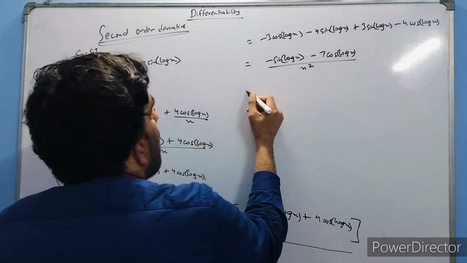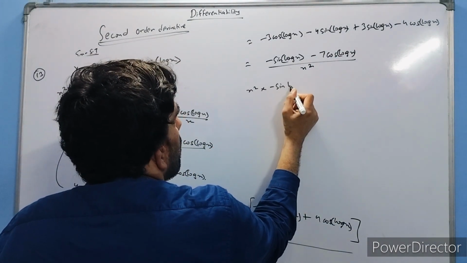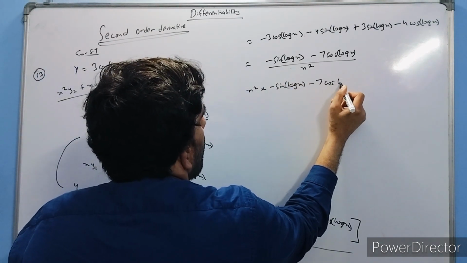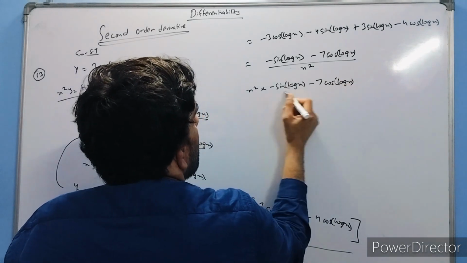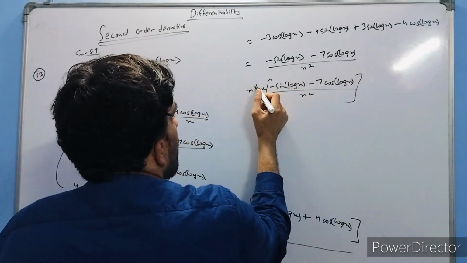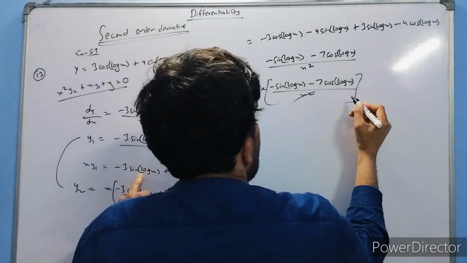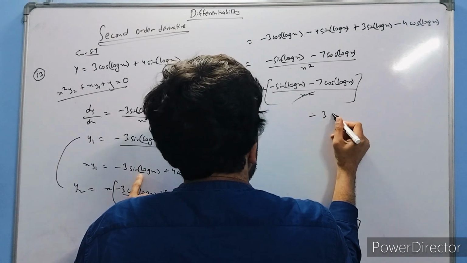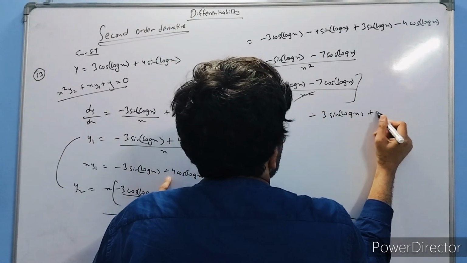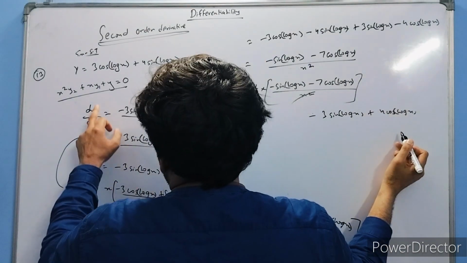We have x square into this y2, minus 7 cos log x upon x square, and we have plus xy1, that is plus minus 3 sine log x plus 4 cos log x, plus y.